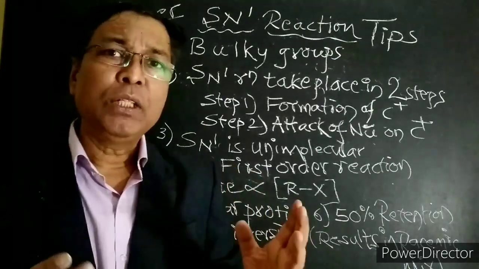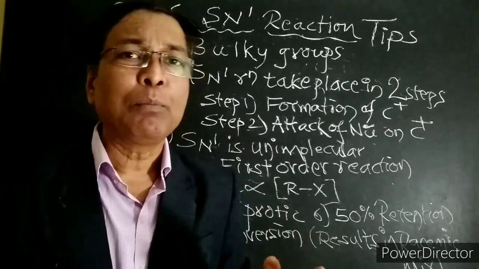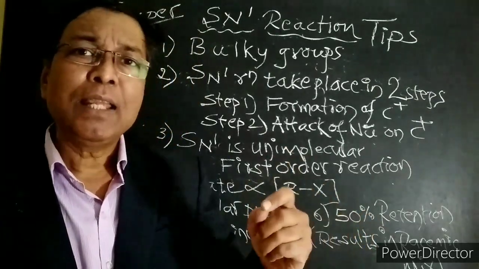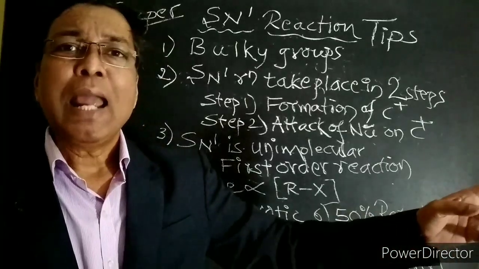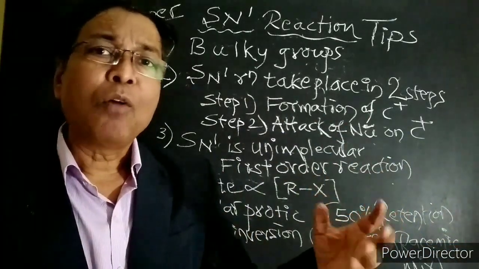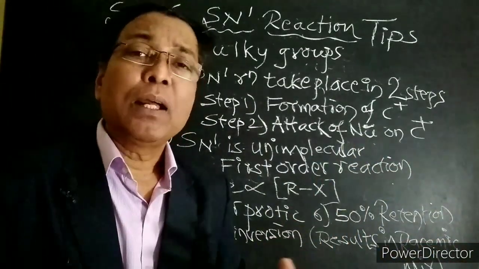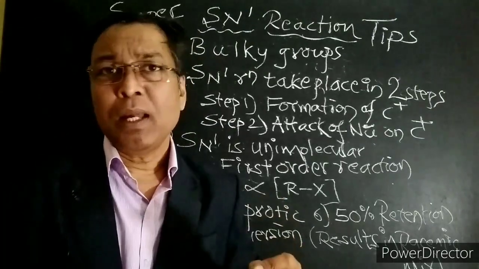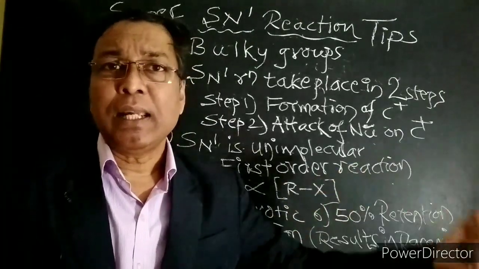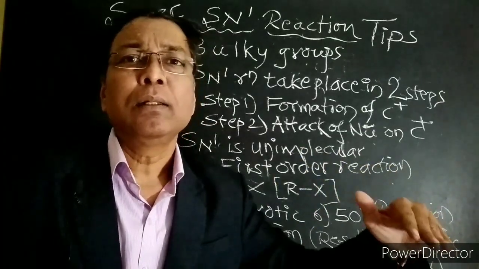The carbon and halogen bond breaks unsymmetrically, heterolytic fission takes place, and the halogen atom takes both the bonded electrons and leaves the molecule in the form of halide ion, and the carbon atom becomes electron deficient because the bonded electron is taken by the halogen atom and the carbon atom has lost its electron.